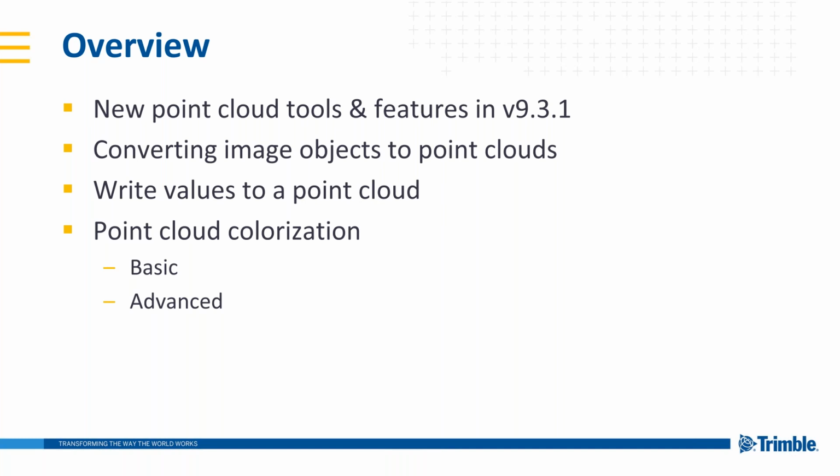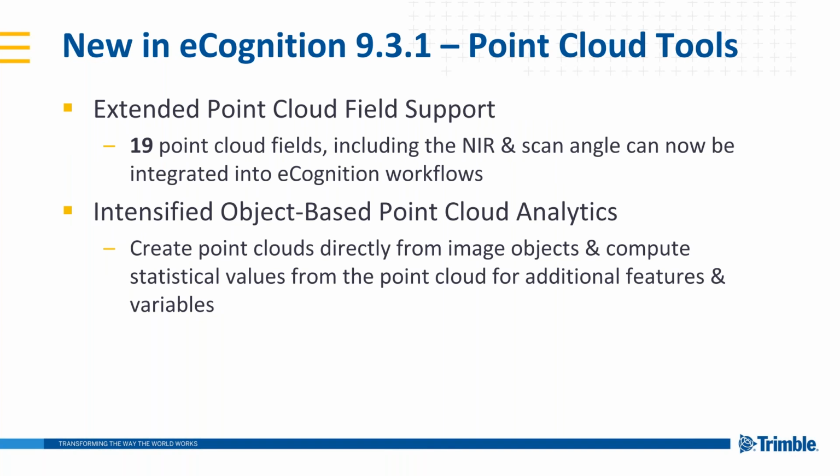For those of you who may not be fully aware, we released eCognition 9.3.1, and it has added not just some nice patches to the software as a maintenance release, but we've also extended certain functionality, particularly for working with point clouds.